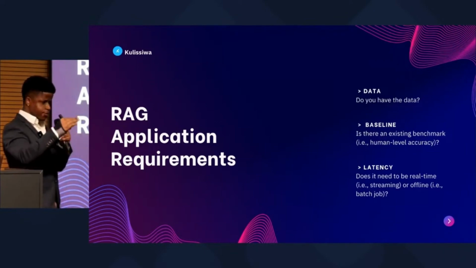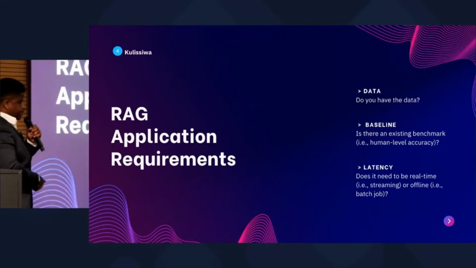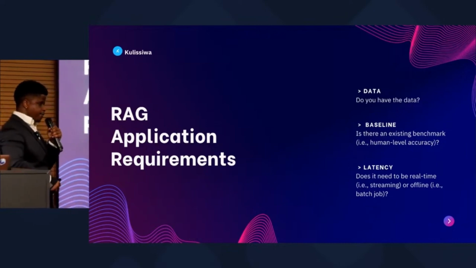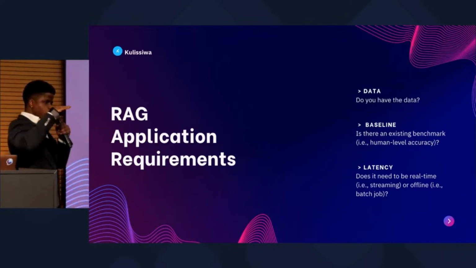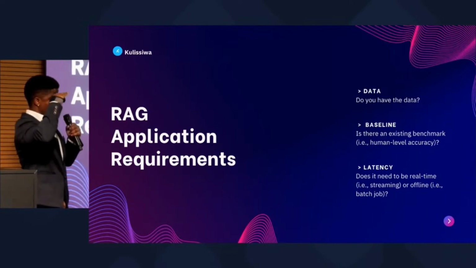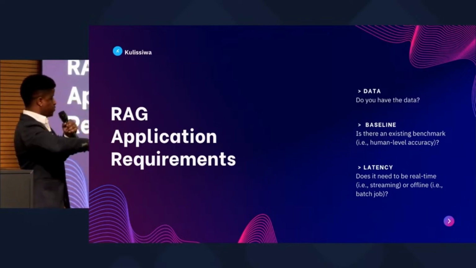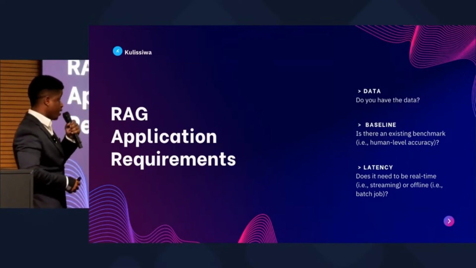You can gain some performance by having the data. Second, is there a baseline? So do you have a benchmark as to what good looks like? Do you have a metric that you can look at and say, okay, if we achieve this metric, this model is performing well, or this RAG pipeline is working well?